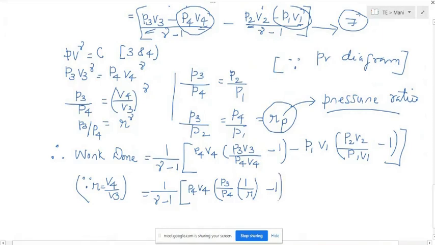And minus, again keeping P1 V1, here we write P2 divided by P1. The compression ratio r is V1 by V2, but here it is V2 by V1, so I can write 1 by r, minus 1.